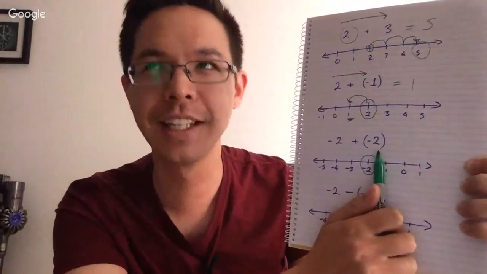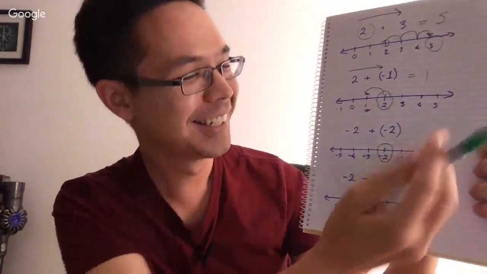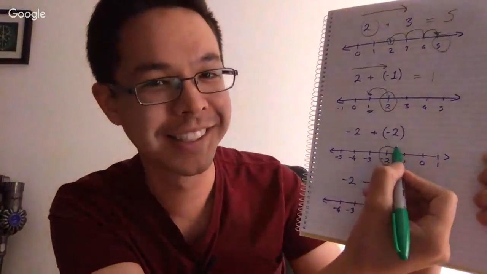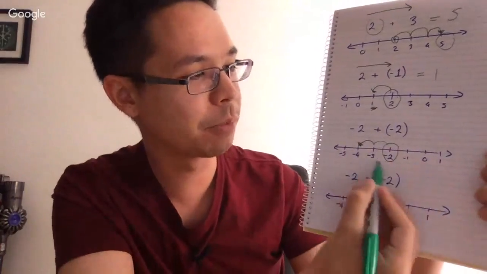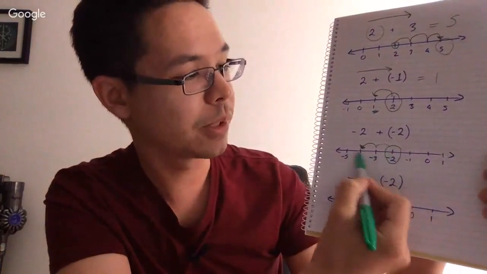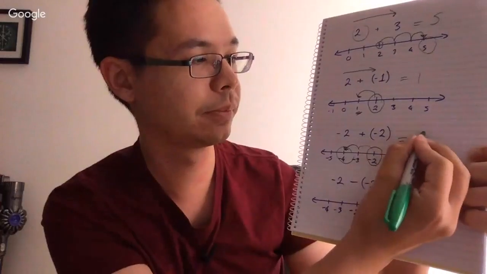That's bad. That's going in the wrong direction. If I'm starting off in debt and I'm adding more debt, then I'm going this way. So when we're getting more negatives, we're operating towards the left-hand side. So I get an answer of negative 4.